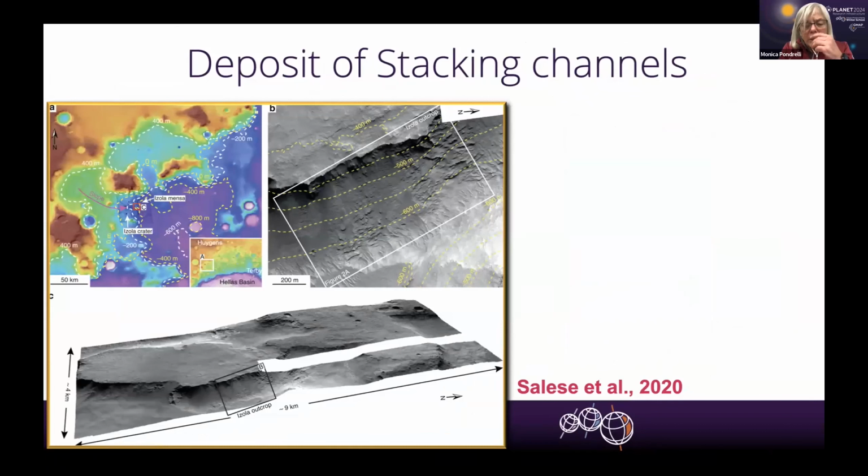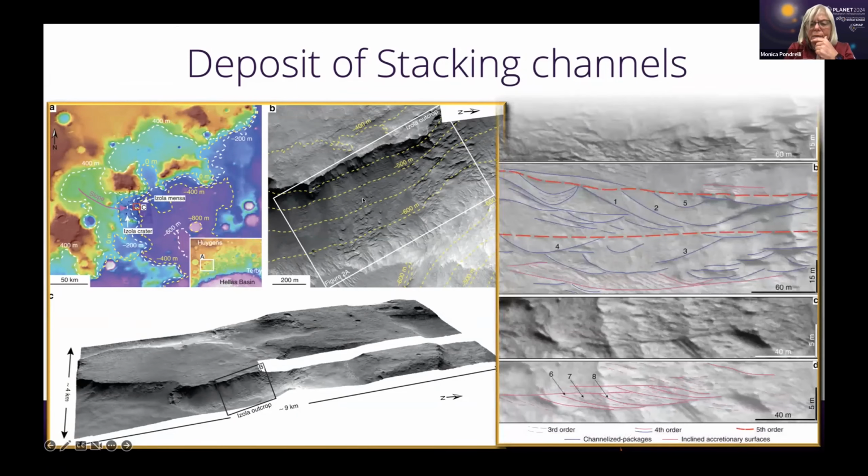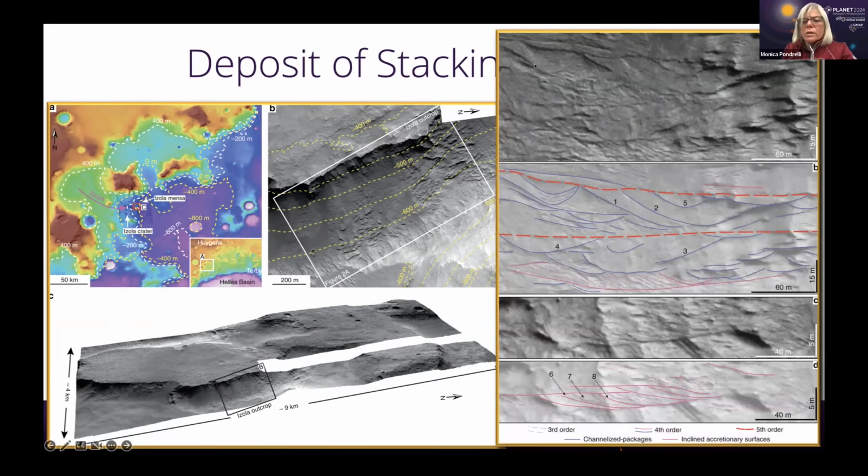I was mentioning before that it's very difficult to find deposits on Mars for many reasons. But in this area, which is not far from Hellas Basin, along this outcrop, Salese et al. were actually able to find stacking channels, superposed channels.